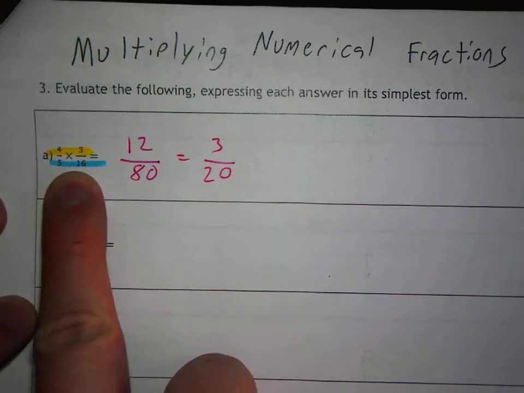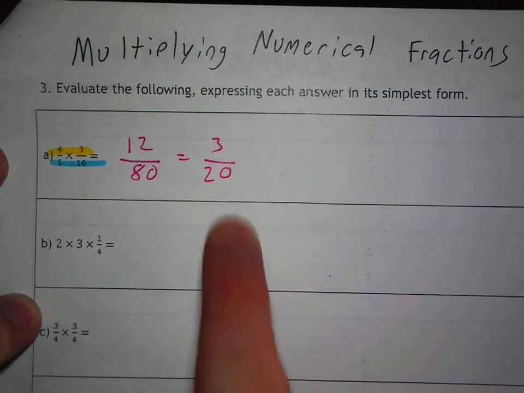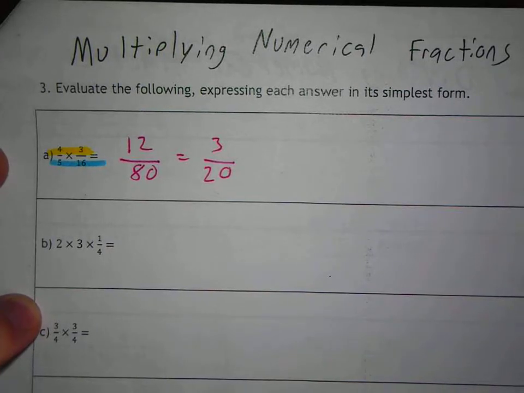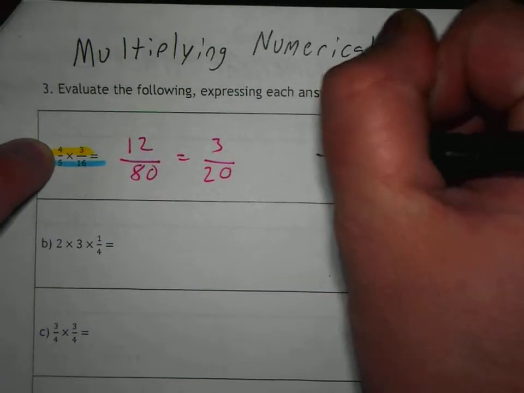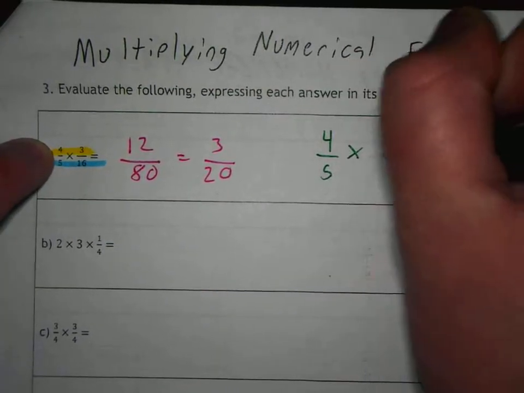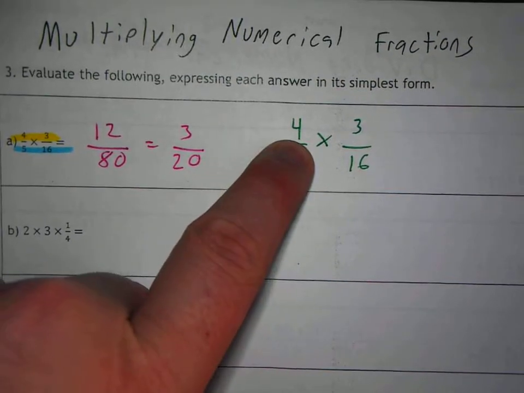Now this way, you're making the numbers bigger and then you're simplifying. But what if you simplified before you multiply? And I'll show you what I mean. So we'll do 4/5 times 3 over 16. Okay? So isn't 4 2 times 2?